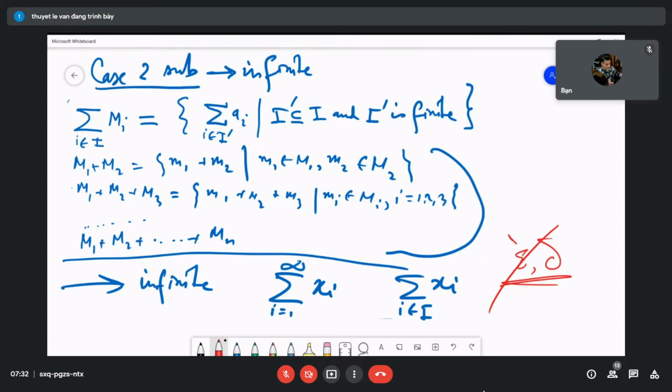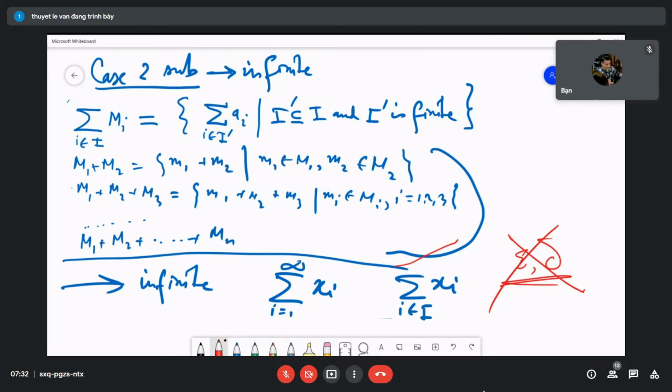It's in analysis. So using epsilon and delta, you can define the limit, and from the limit you can have the definition of the series, something like this. But in algebra we don't have this one, so we should use something like this.